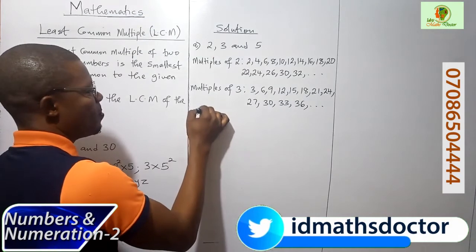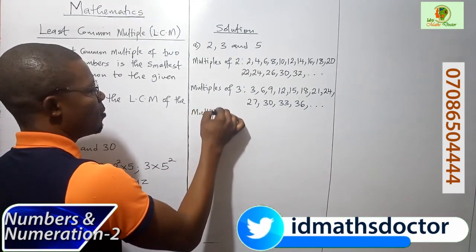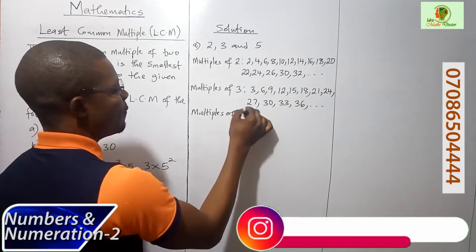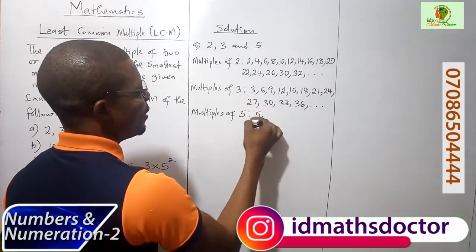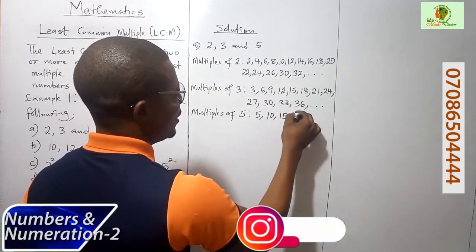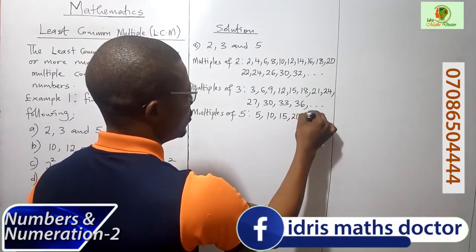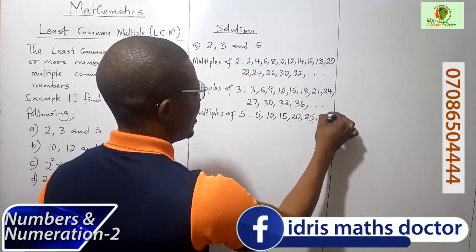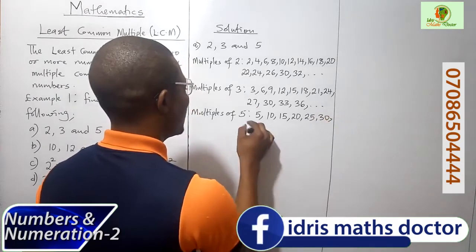Multiples of 5: we have 5, 10, 15, 20, 25, 30, 35, 40, and so on.